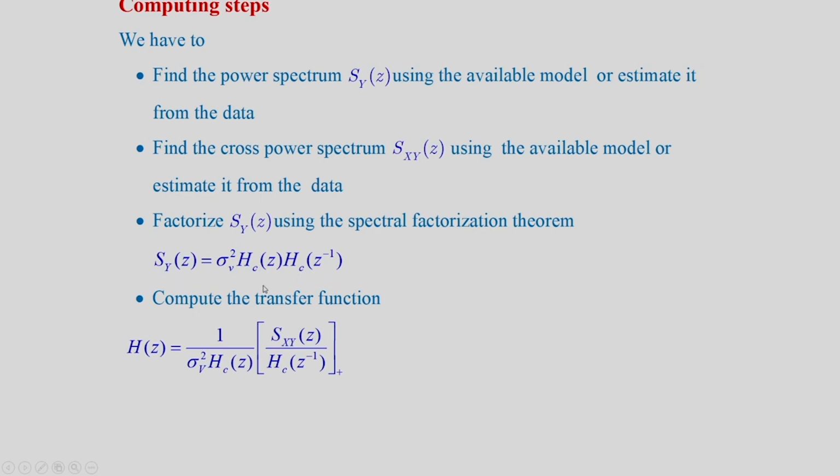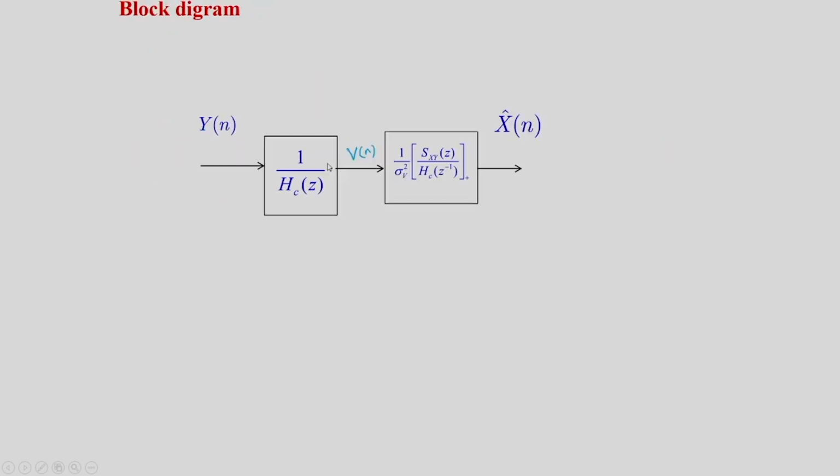If these things are available, then the transfer function of the IIR Wiener filter is H(z), equal to 1 by sigma v square into Hc(z) into the positive part of Sxy(z) divided by Hc(z inverse). So, Hc(z inverse) we get here, Hc(z) also we get here, sigma v square also we will get here, and Sxy(z) we estimate or find from the model.